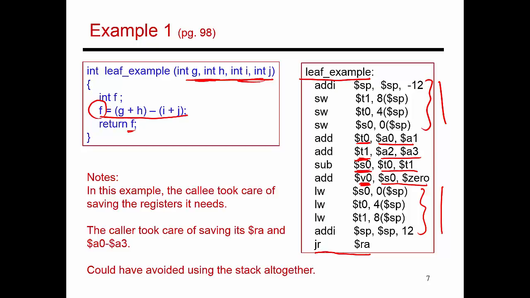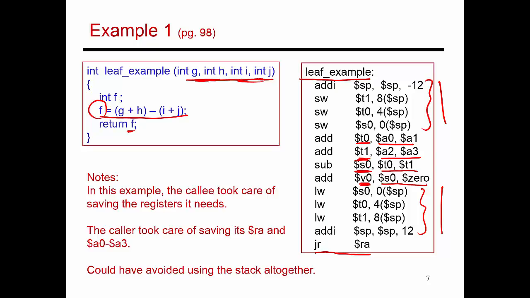So there might have been something valuable sitting in T0, T1, and S0, and so in order to be nice to the caller, this procedure says that I'm going to save whatever values are in T1, T0, and S0 onto the stack, and then when I'm done, I'm going to copy those values back into those registers and then leave things just the way I found them.